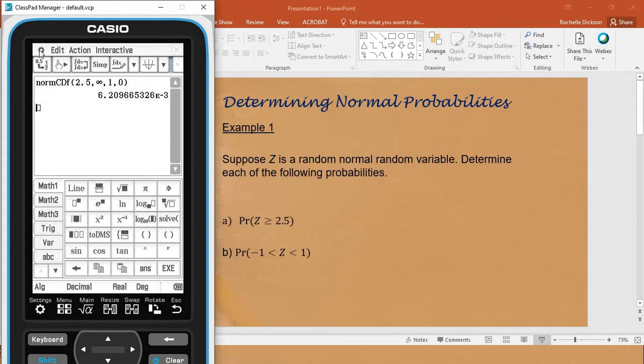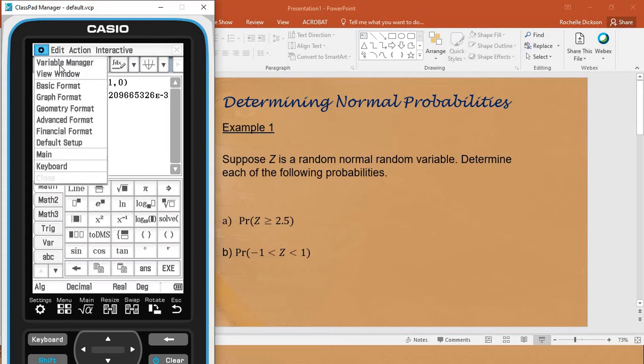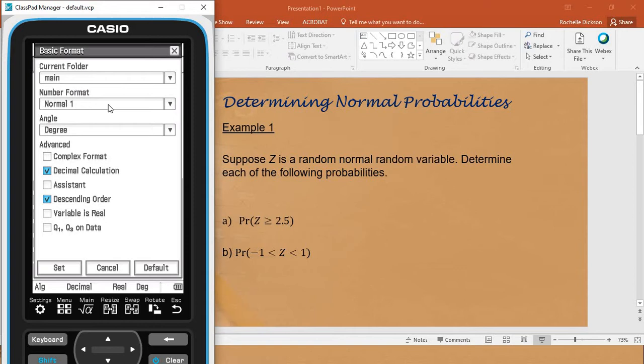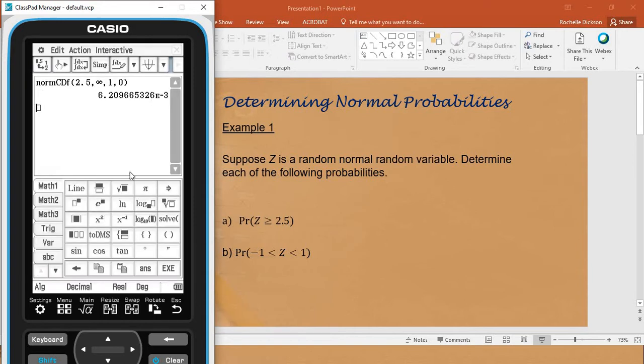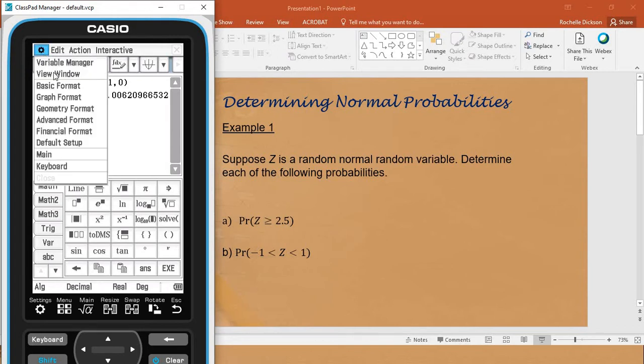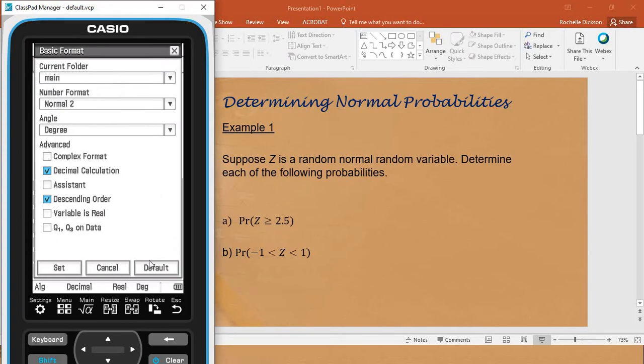However, if you find this confusing, we can actually change our settings by going to our basic format, and instead of number 1, I'm going to select number 2 as the option. And my answer is now given just as a decimal, which you might find easier to have. So if you don't like dealing with numbers in standard form, I suggest you do change that in your CAS. Remember it was settings, basic format, normal 2.